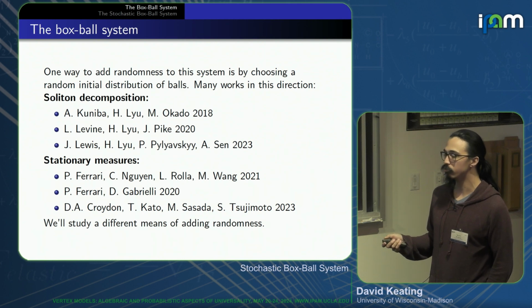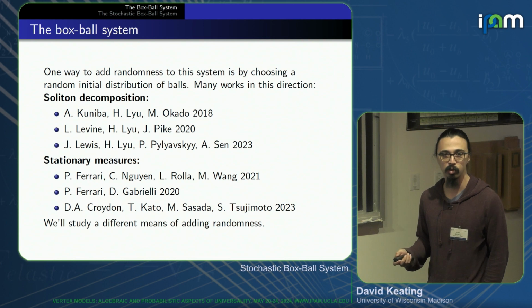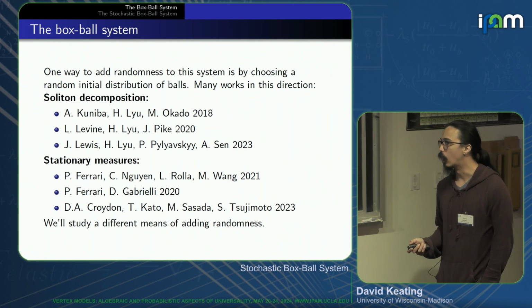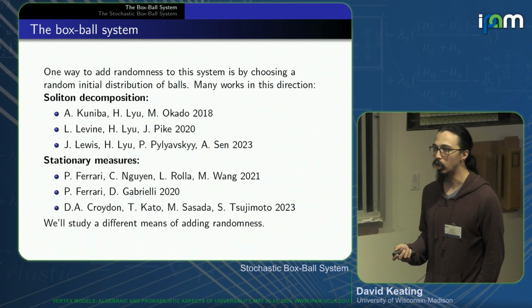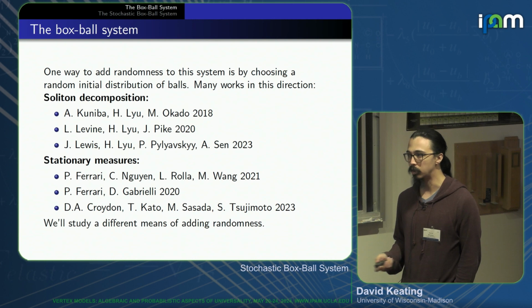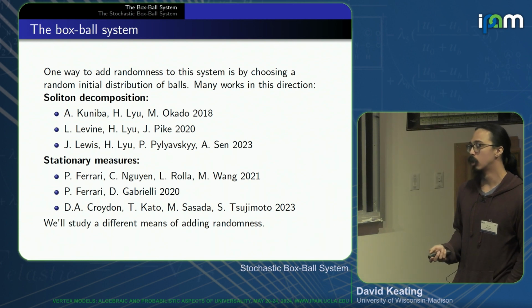There was work on the basic box ball system I described, but also generalizations where you have colored balls that behave in certain ways. Another thing you can ask is, what are the invariant measures for the box ball system? So if I start with some initial distribution, what distributions are preserved under the dynamics? And there's also a lot of work on this.